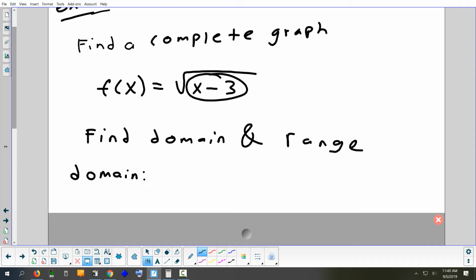So anyone think they could tell me what values you are allowed for x here? Just pick x's that come out non-negative. So like for example, 1 is not a good x value. Can't use it. It's too small. Anything that's 3 or above. Yes, 3 or above.